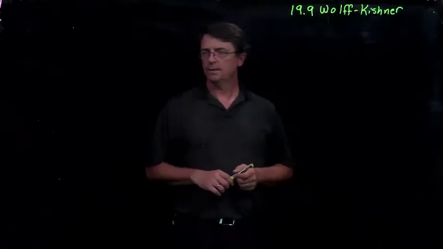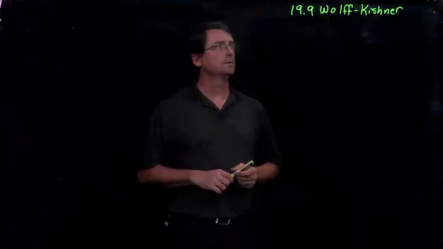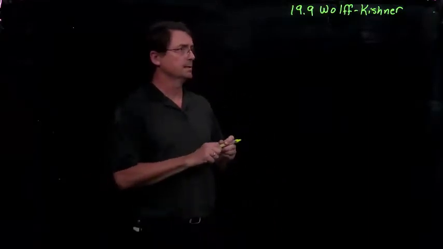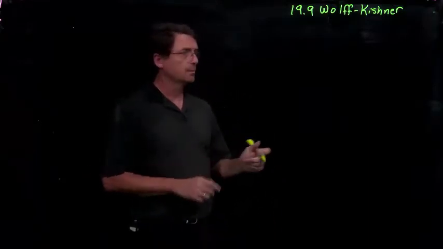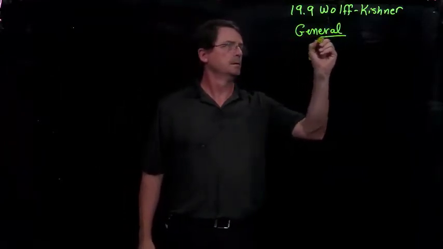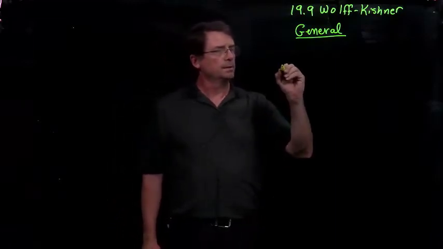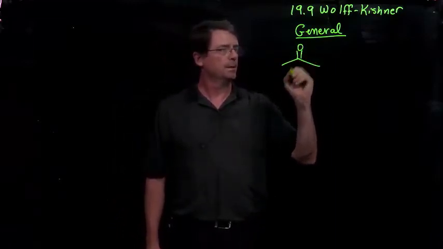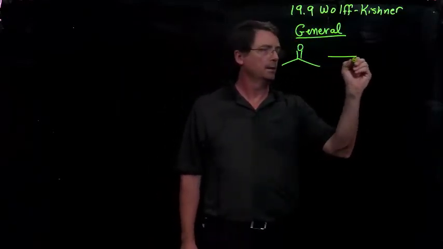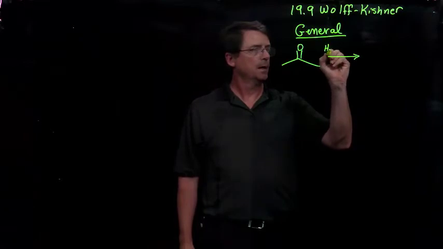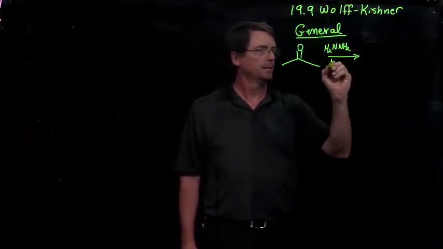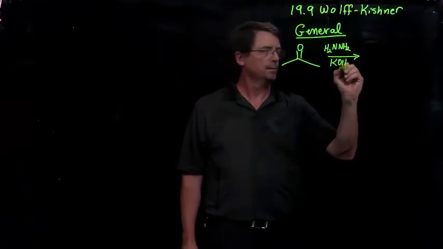Now we've learned the things that we need to know in order to understand the Wolff-Kishner reaction and its mechanism. So first, the general reaction. The general reaction is that we take a carbonyl compound and we react that with hydrazine, potassium hydroxide.